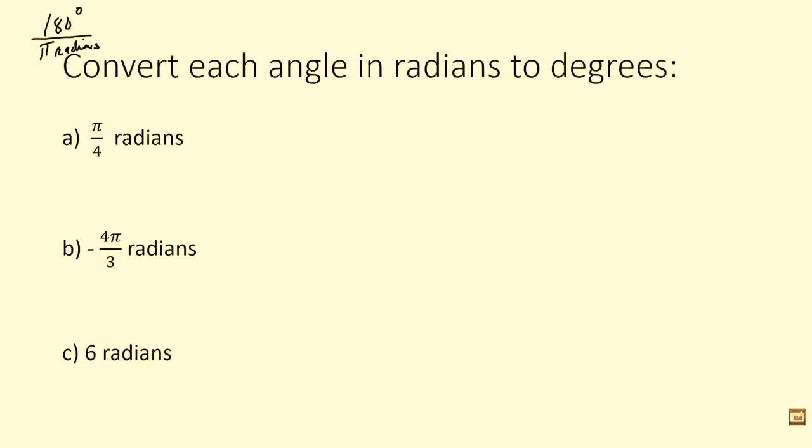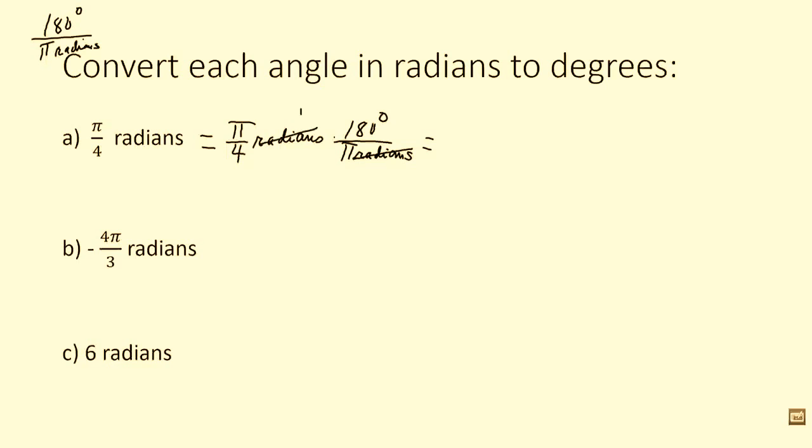So in the first example, let's convert pi over 4 radians to degrees. So we have pi over 4 radians times 180 degrees over pi radians. The radians will cancel out this time.